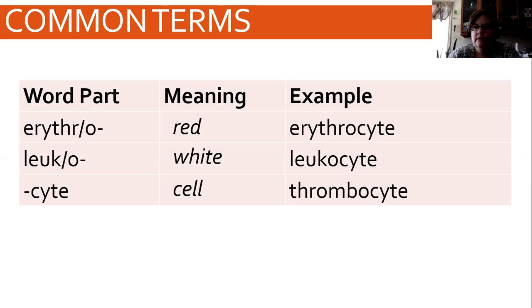Thrombo. No one? Thrombo means clot. So a thrombocyte is a cell or a part of a cell that is responsible for clotting blood. Okay, so that's where that word comes from.